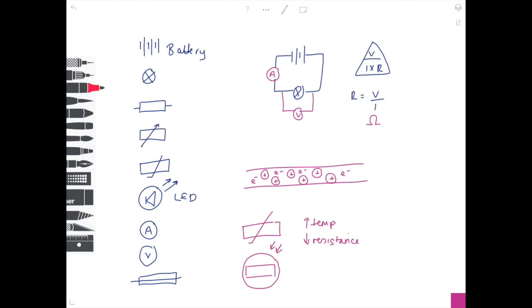This is a light dependent resistor. Now, when the light levels increase, the resistance decreases, and this is used in your street lighting outside. So as it gets dark, this light dependent resistor, this LDR, is the reason why the lights come on.